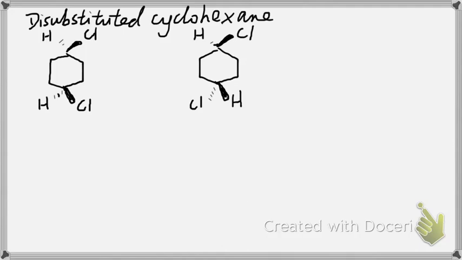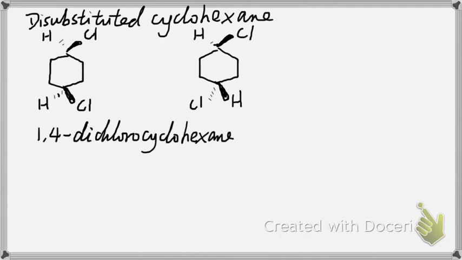Six-membered ring, two chlorine atoms. One is on carbon 1, the other is on carbon 4. But one chlorine is on the wedge, the other chlorine is on the dash. So one is up, one is down; they are pointing to the opposite side of the ring.